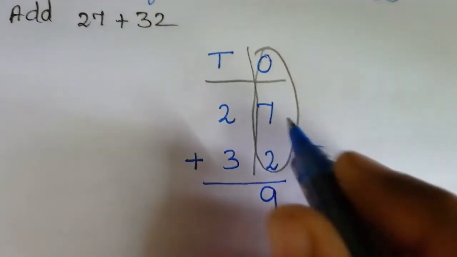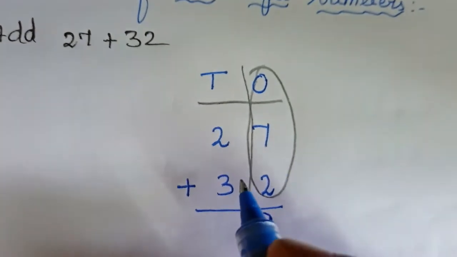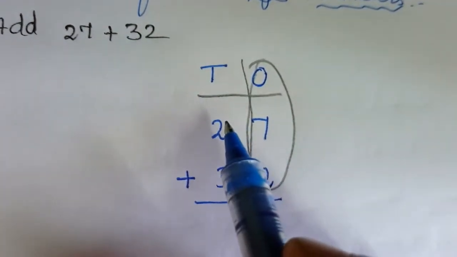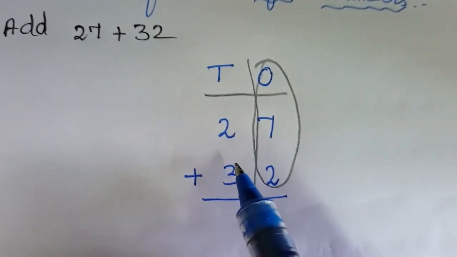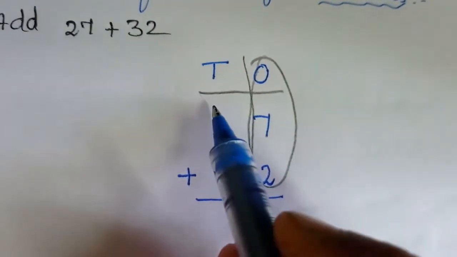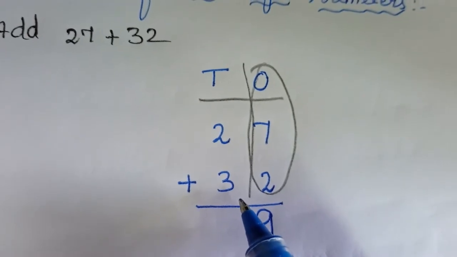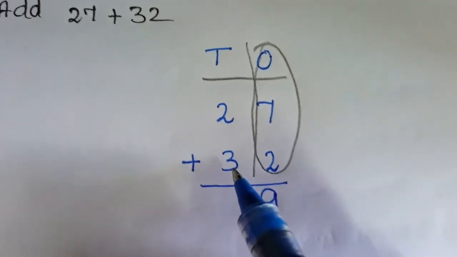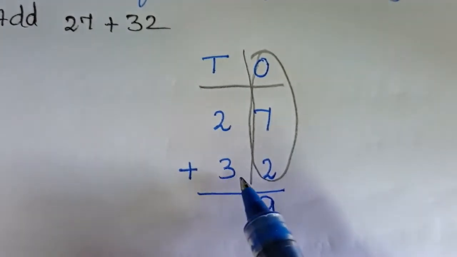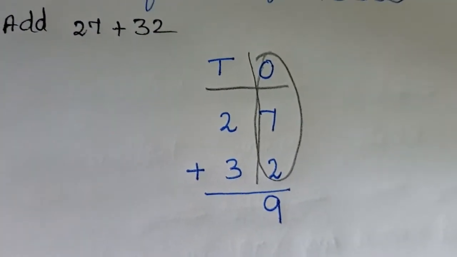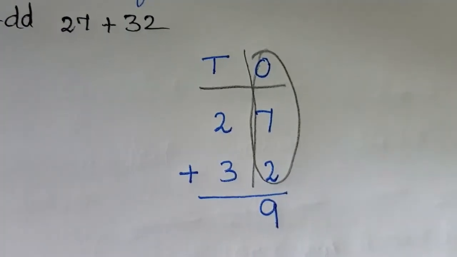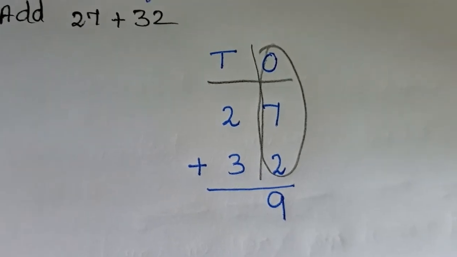You have to write it in the ones place, and next you have to add in the tens place value. So here, 2 plus 3. What do you want to do? Keep the bigger number in mind. Here the bigger number is 3. So keep 3 in mind and take 2 fingers. 3, after that 4, 5.